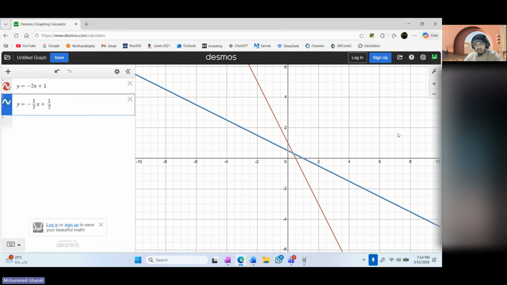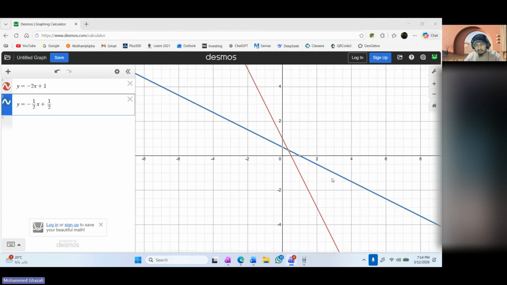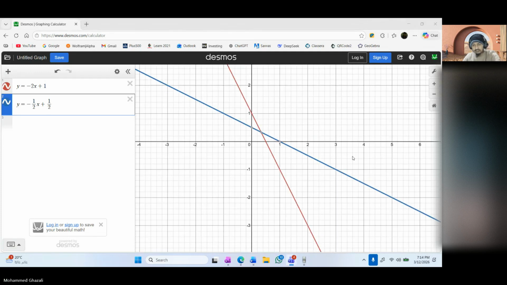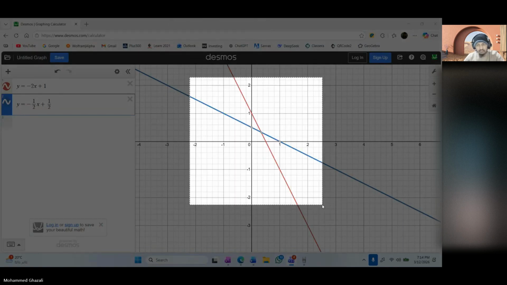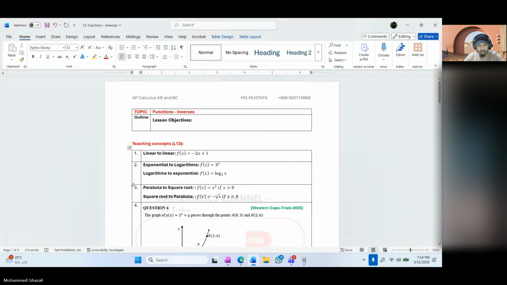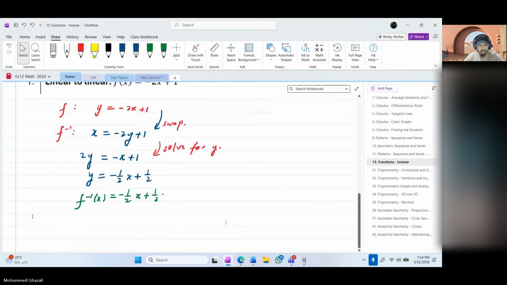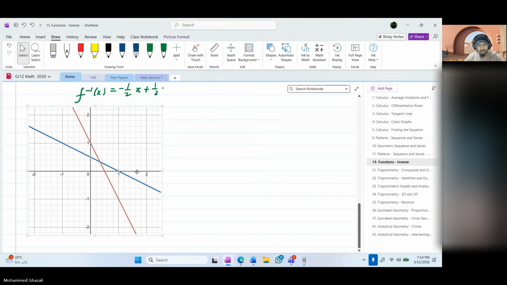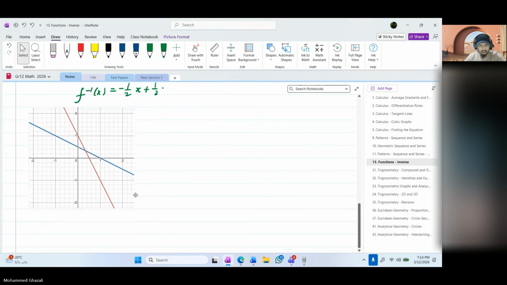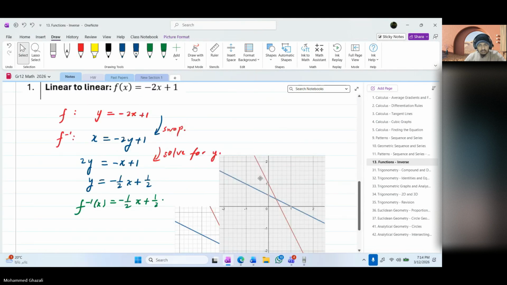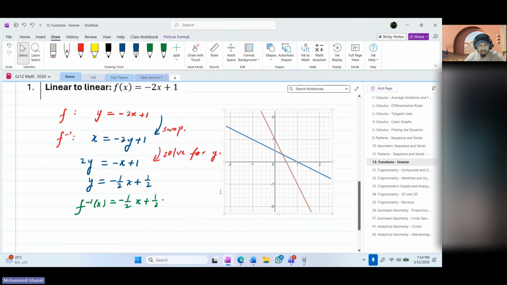Okay, so here's your inverse function here.